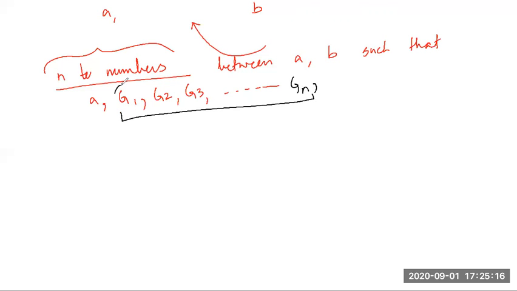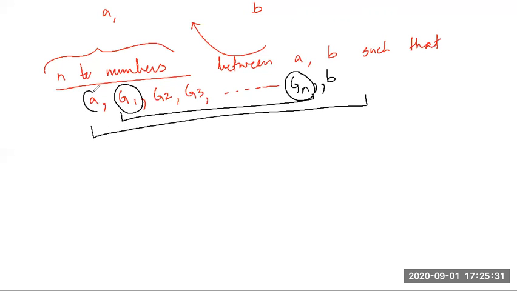The first number inserted is G1. The last number inserted is Gn. And the last term of the geometric progression so formed is b, because we were asked to insert n numbers between two positive real numbers a and b. All right, so we have inserted.